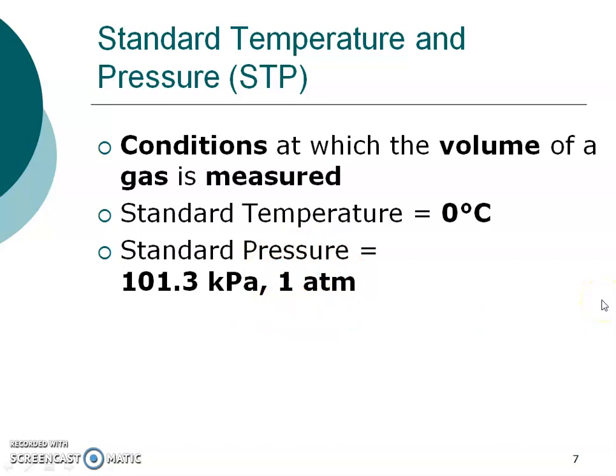For our purposes in this chapter, you just need to understand that STP means standard temperature and pressure. Standard temperature is 0 degrees Celsius, and standard pressure is these two values with those two different units for now. But what it truly means is these are the conditions at which a volume of gas is measured to give us that 22.4 liters.